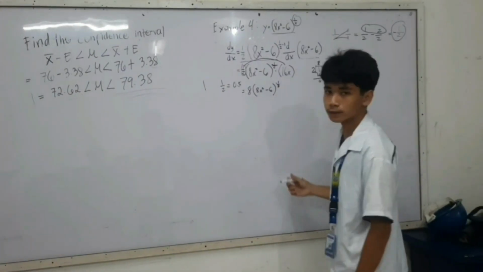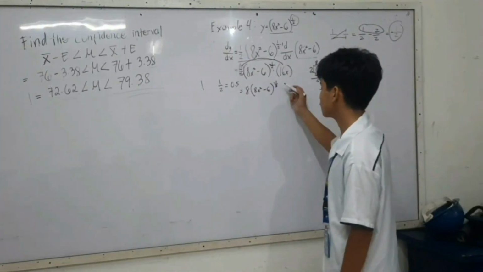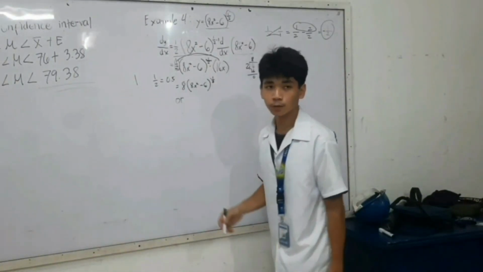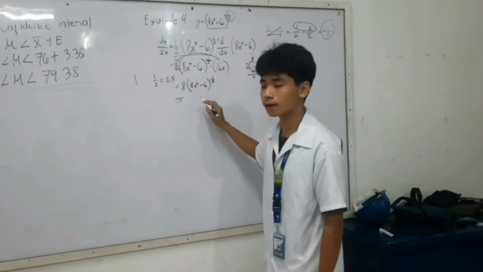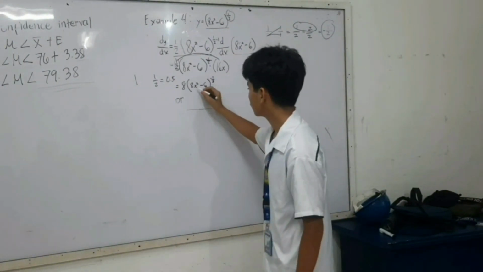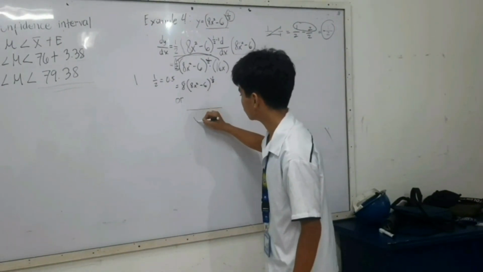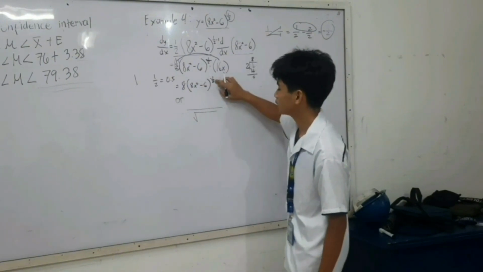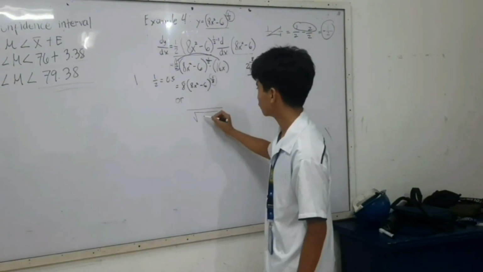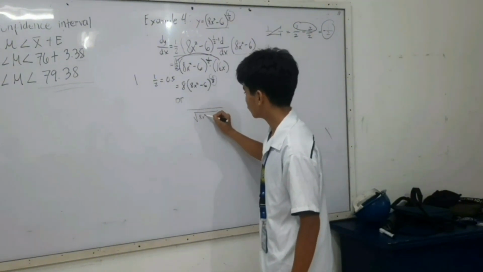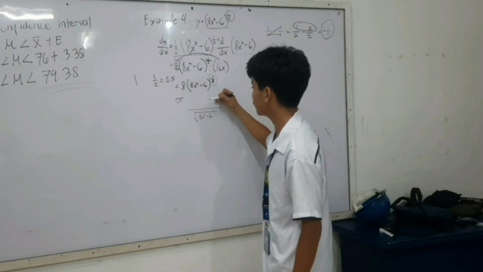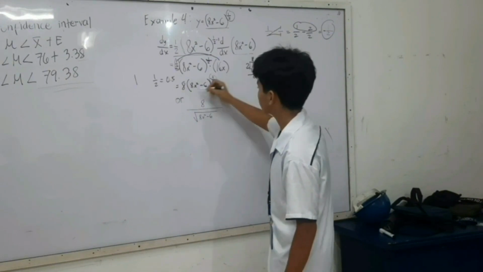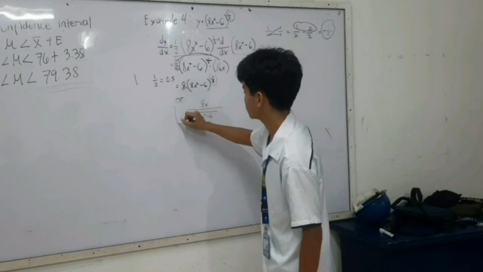So, let's find the alternate answer. We'll bring this one, but instead of parentheses, we'll put a square root sign because of the negative exponent. So it will be the square root of 8x squared minus 6, and the numerator is 8x.